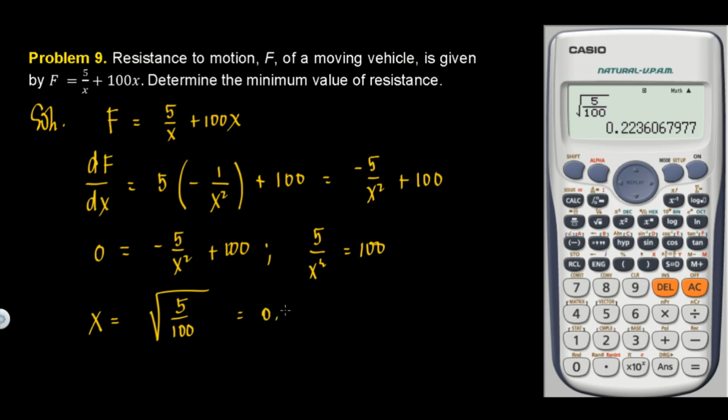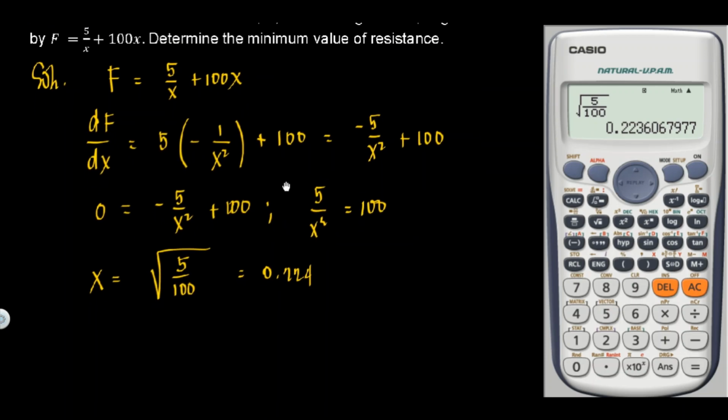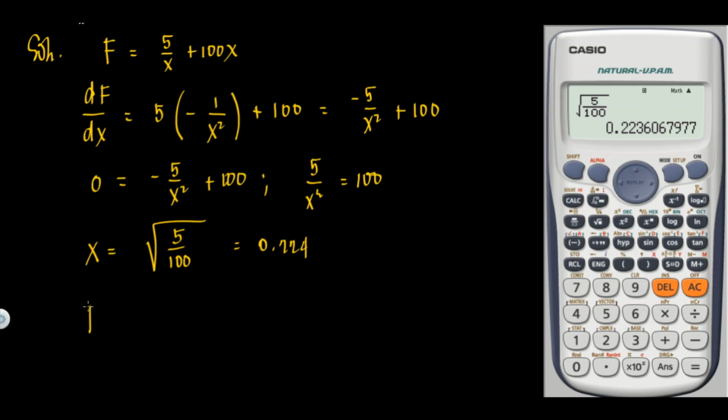Sige. Okay. So, yun ang value ng ating x. Now, nakuha mo na value ng x, what is f? F is equal to 5 over 0.224 plus 100 times 0.224.